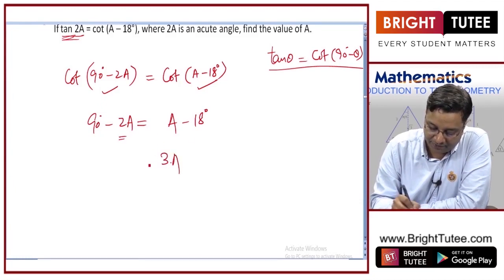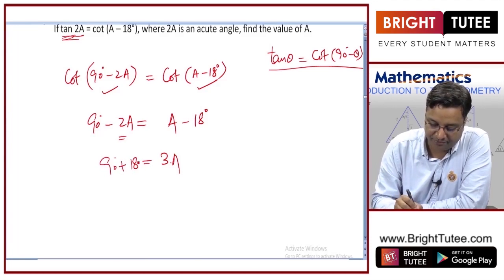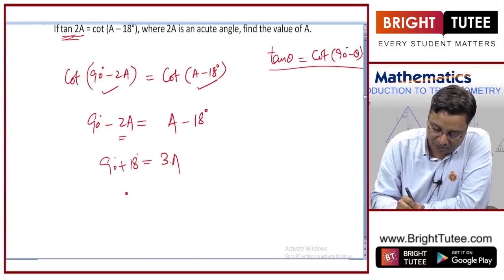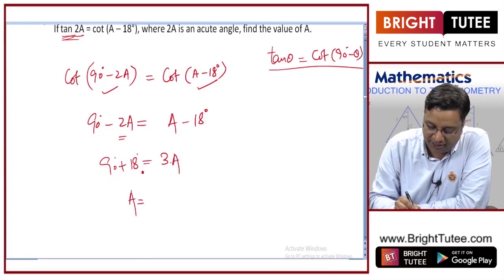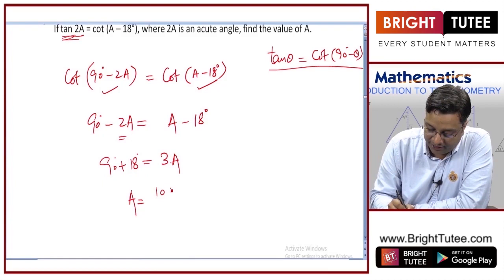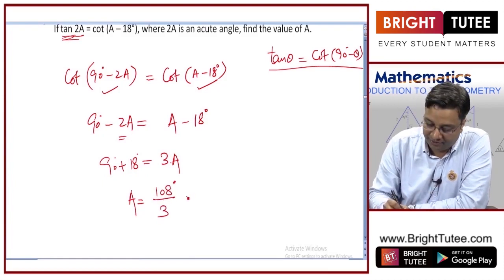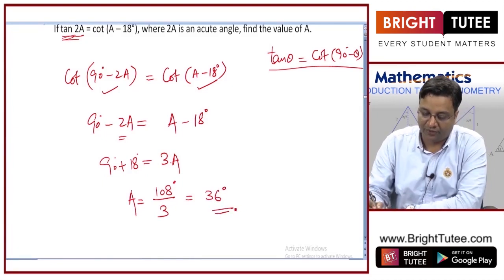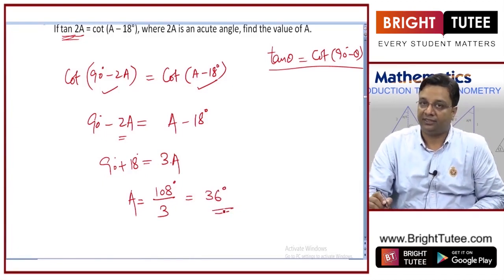So 3A is equal to 90 plus 18. So angle A is equal to 108 divided by 3, which will give you 36 degrees.